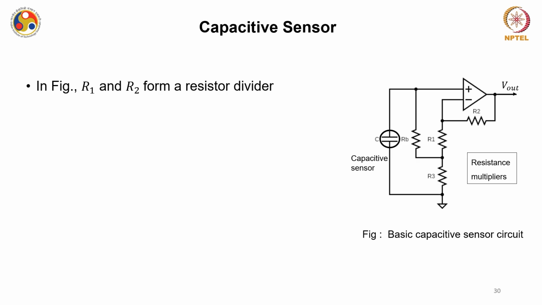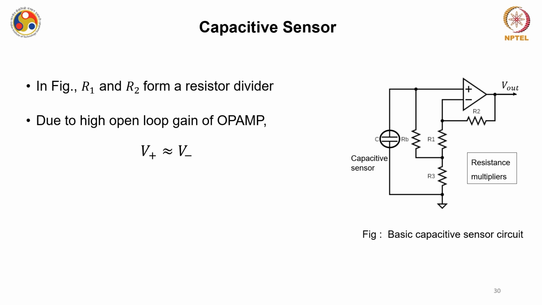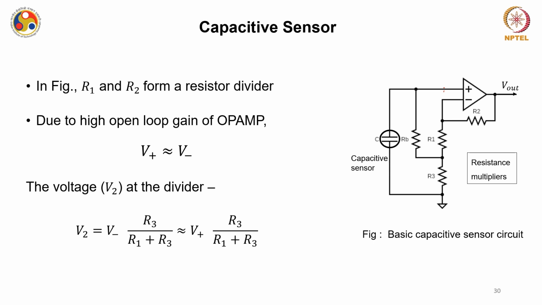R1 and R2 in this configuration form a resistor divider, and due to the high open loop gain of this op amp, V positive and V negative at these two input terminals are equal, and the voltage V2 can be written as R3 by (R1 plus R3) into V negative, or V plus into R3 by (R1 plus R3), because V negative and V positive are nearly equal to each other.